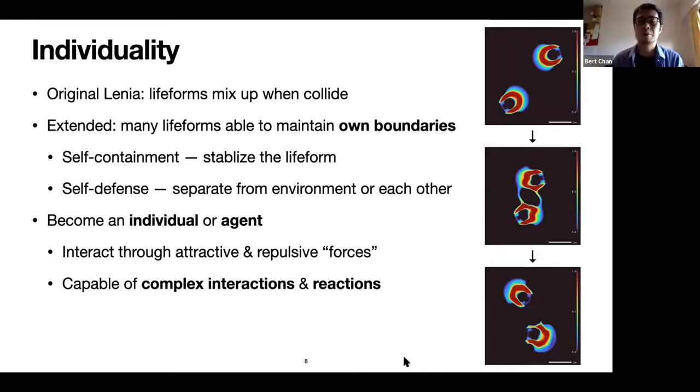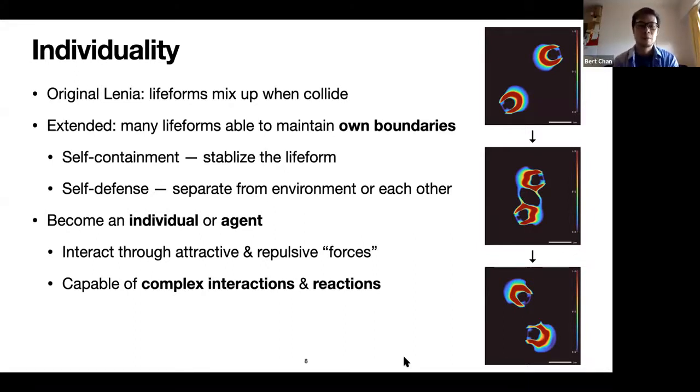Many life forms, if they are able to maintain their own boundaries, then the invisible boundaries will stabilize the life form so that they become more coherent. And when I try to collide the life forms with each other, they can protect themselves, and they can separate from the environment and from each other.